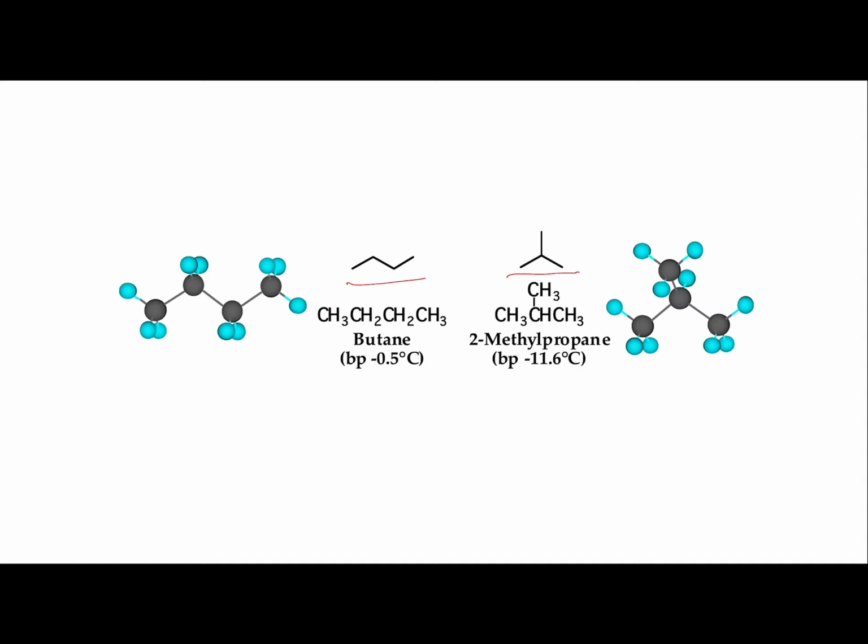What I mean is, let's say that I have a 10 carbon chain. 1, 2, 3, 4, 5, 6, 7, 8, 9, 10. So this is a 10 carbon straight chain. Now let's say that somewhere on this carbon chain, I have what we're going to call a substituent.